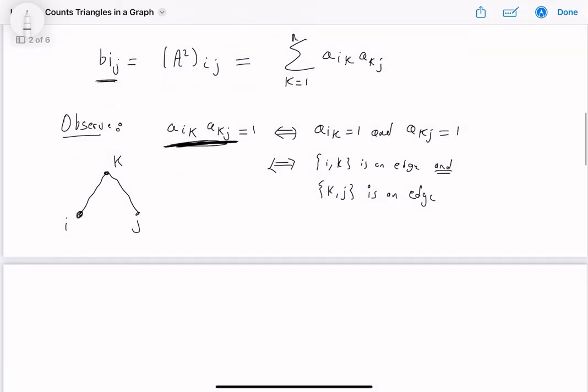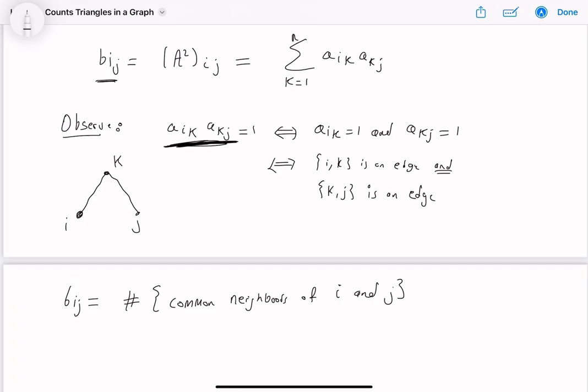So the meaning of Bij is thus the following. The Bij can be thought of as the number of common neighbors of i and j.